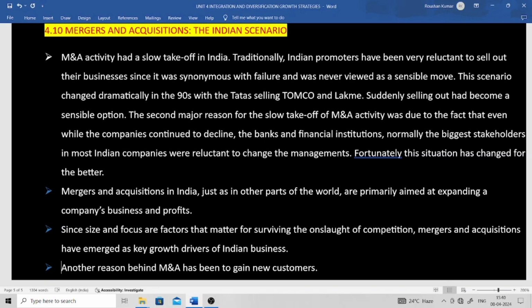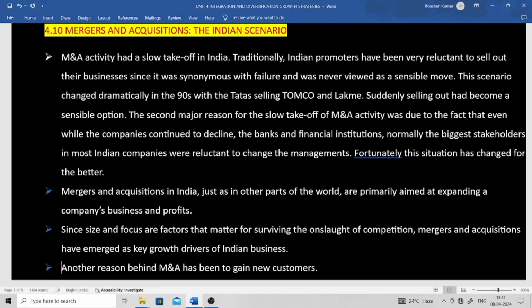In the beginning, the Indian companies were reluctant for mergers and acquisitions, but that changed during the 90s when Tata started selling some of their brands like Tomco and Lakme. The second major reason is that the major stakeholders of companies were banks and financial institutions. They were reluctant to change the management.